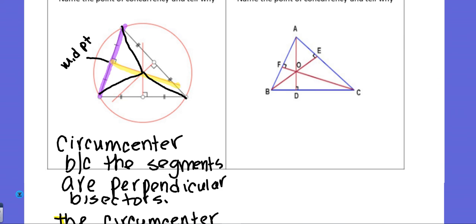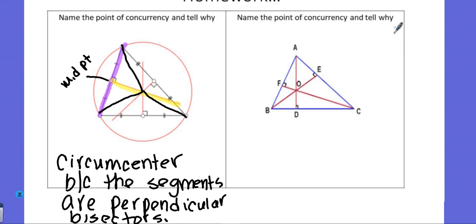Okay, so this next one, it says name the point of concurrency and why. If we look at F right here, we know that this segment is perpendicular. Now it's not bisecting AB. FC is not bisecting AB. But what I do notice is that this line here, I'm going to put it in purple, is going from this side and connecting to the vertex of the opposite side.